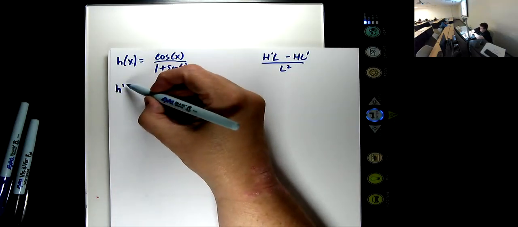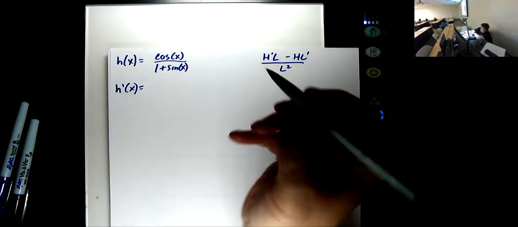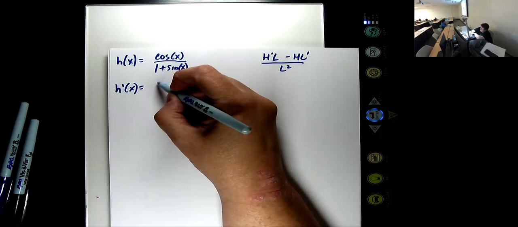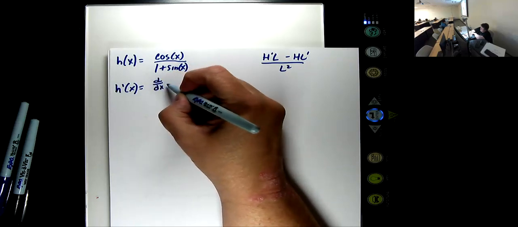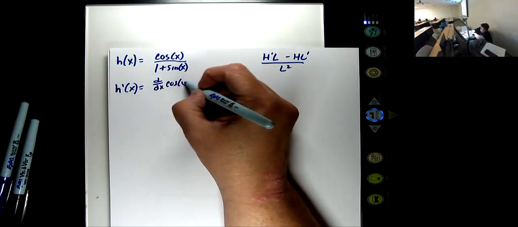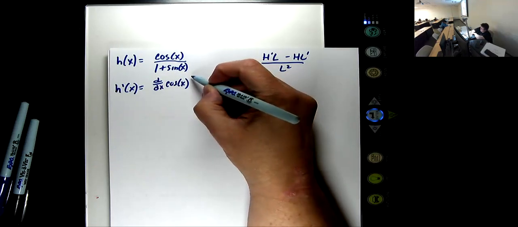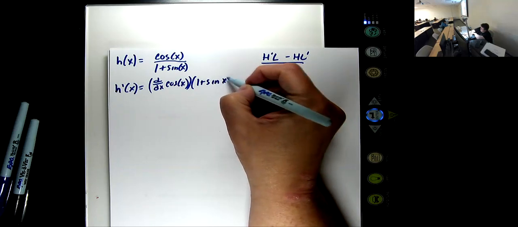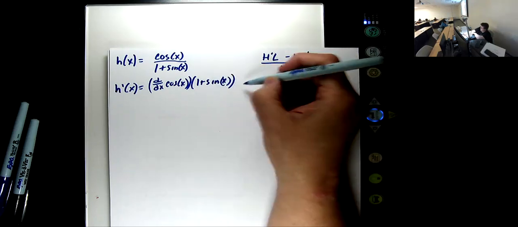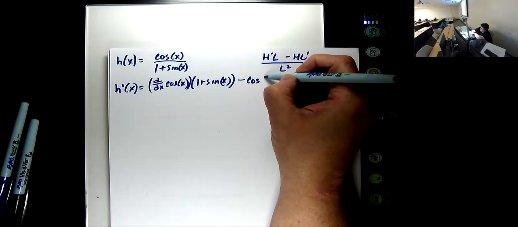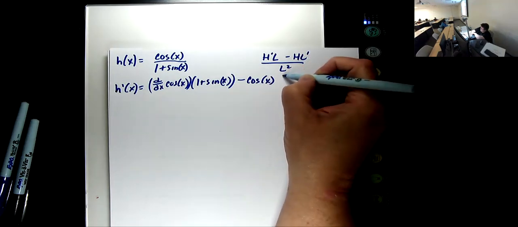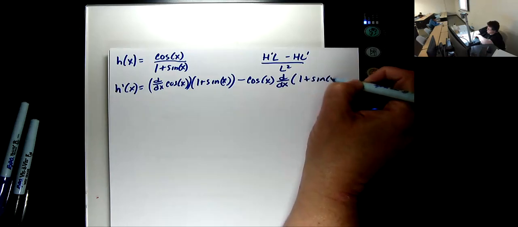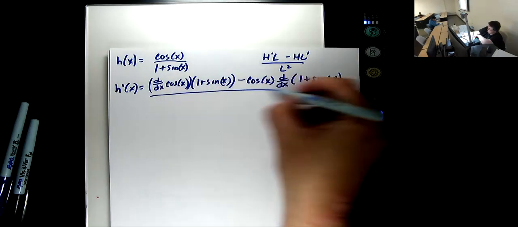So h prime of x is going to be the derivative of the high, d dx cosine x, times the low, 1 plus sine x, and then minus high times the derivative of the low, all over low squared.